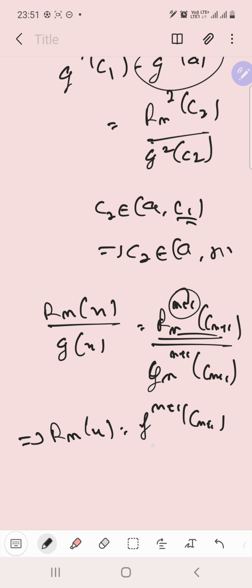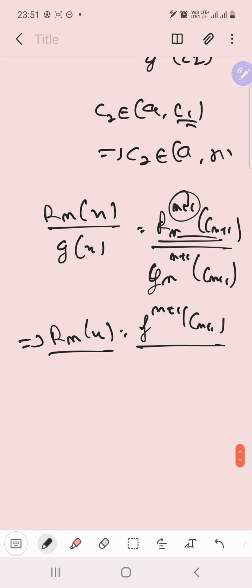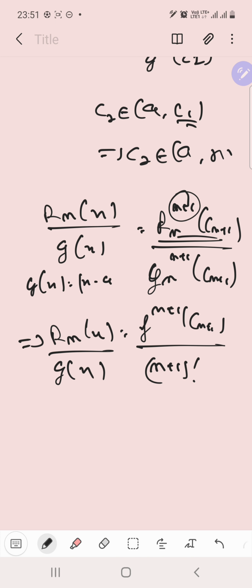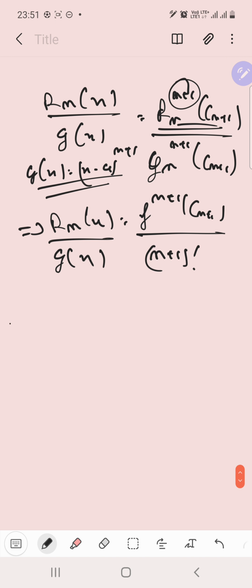The reason we have already studied: over here you have g(x), and the (n plus 1)th derivative of g will give you (n plus 1) factorial, because your g(x) was equal to (x minus a) whole to the power n plus 1, so its (n plus 1)th derivative will give you (n plus 1) factorial.